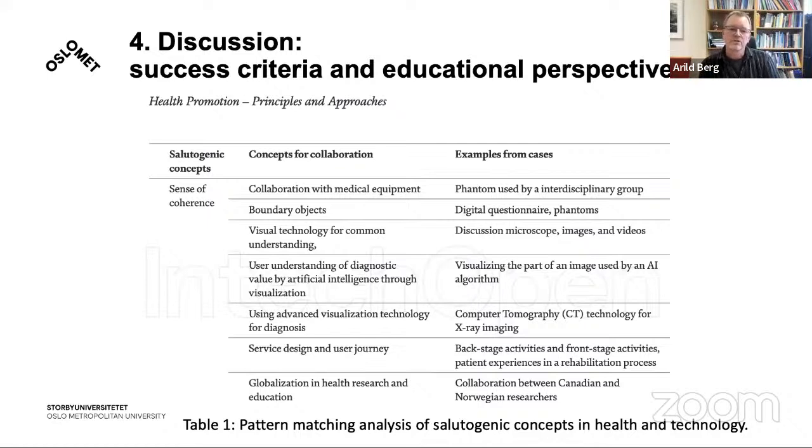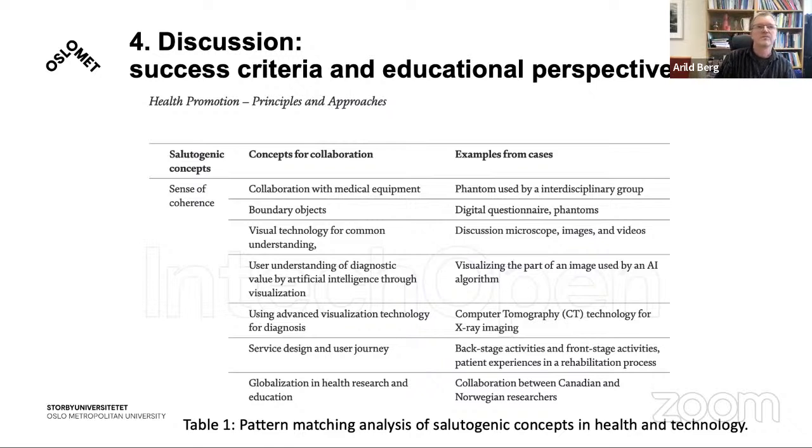In the discussion, we will look at different success criteria for interdisciplinary collaboration in health and technology. The guiding process concepts in the pattern matching analysis were related to the success criteria with the salutogenic concepts: sense of coherence, meaningfulness, and ability to influence.